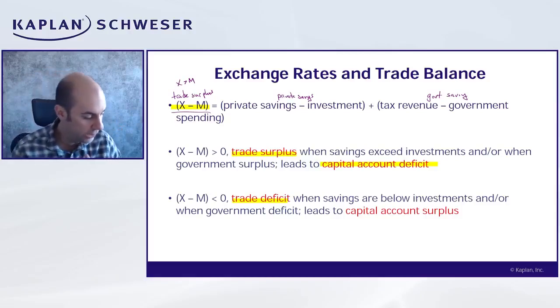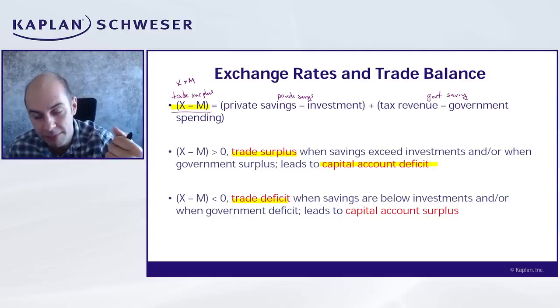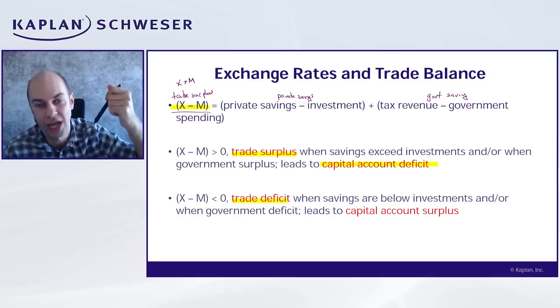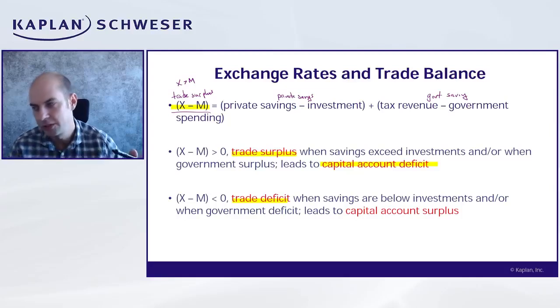All right, so if we basically reverse our logic, now we can say if I'm running a trade deficit, it means the foreigners are lending to us or we are selling our assets to the foreigners.